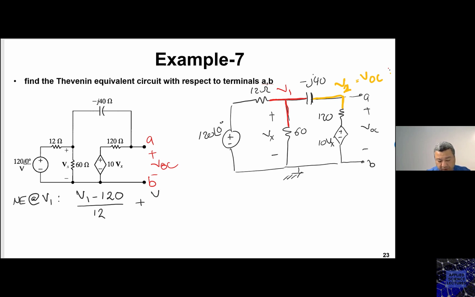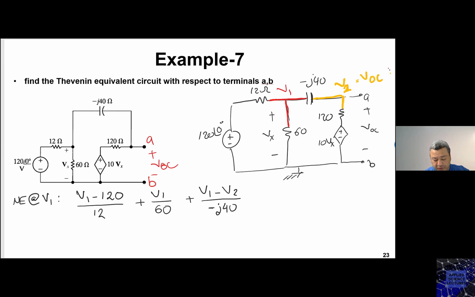plus V1 minus 0 over 60. I'm just going to keep the V1. And then V1 minus V2 over minus J40 equals to 0.